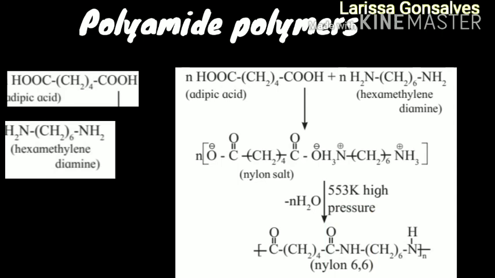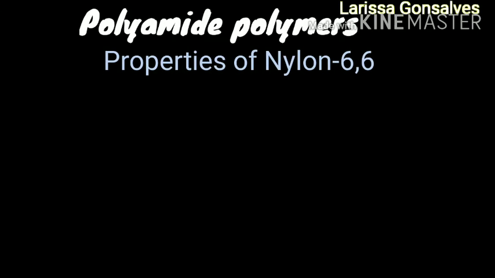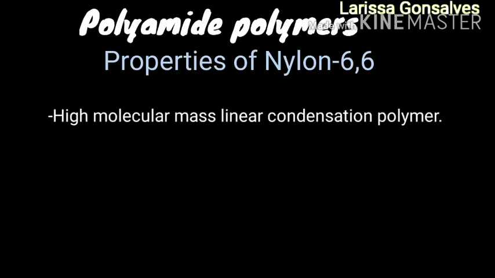Why is the polymer called nylon 6,6? If you observe the monomers, adipic acid and hexamethylene diamine, each of the monomers contains 6 carbon atoms. What are the properties of nylon 6,6? It is a high molecular mass linear condensation polymer. Why linear?